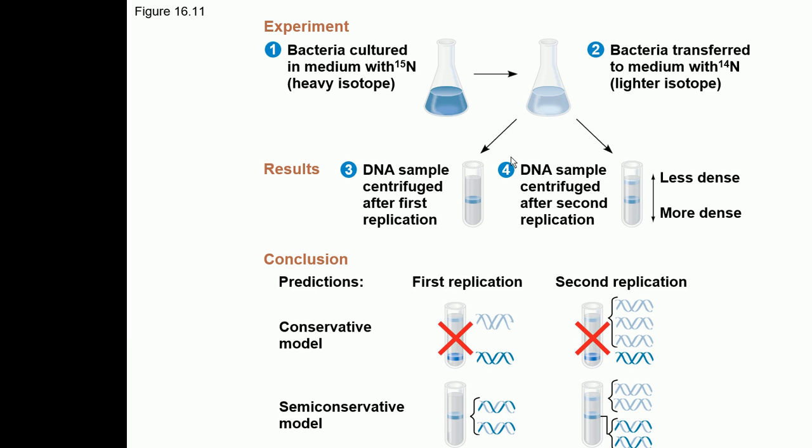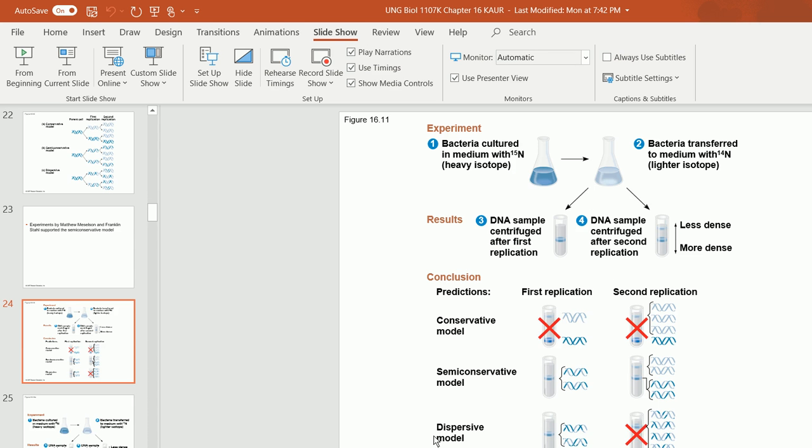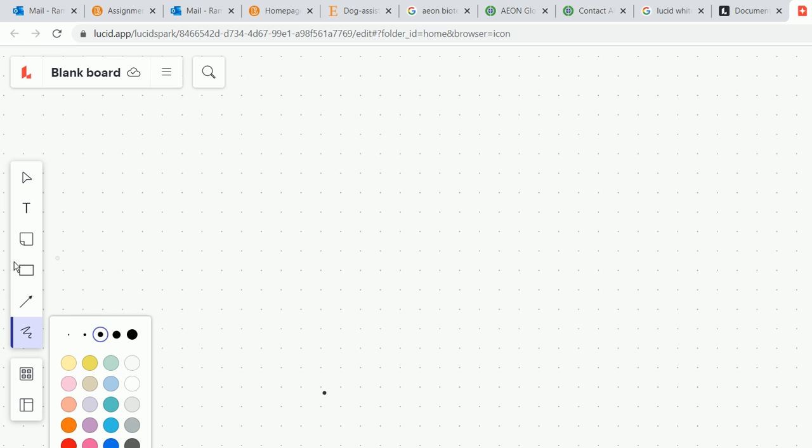Now let me explain to you how the semi-conservative model is correct. Let me go here on the board and show you. Okay, so now as we have seen, the bacteria which is grown in N15 medium will have two strands of DNA which have nitrogen 15. Now when this bacteria is passed to the medium which has nitrogen 14, according to the semi-conservative model, these two strands are going to separate, right?